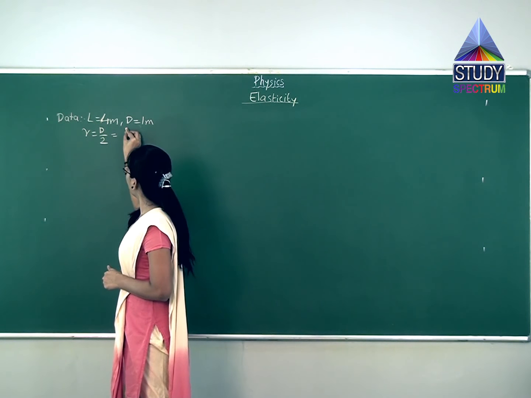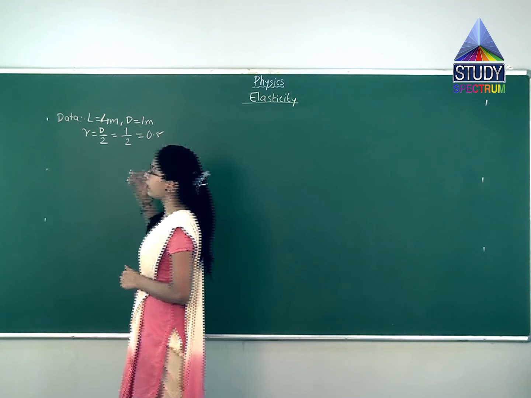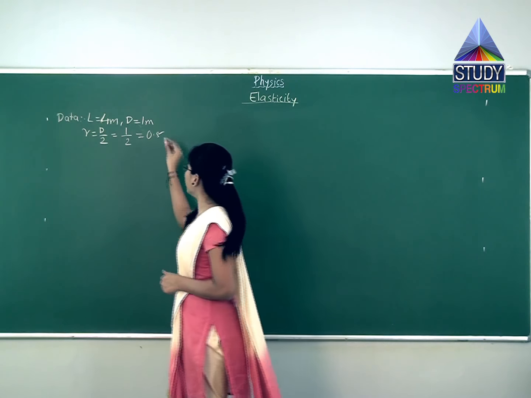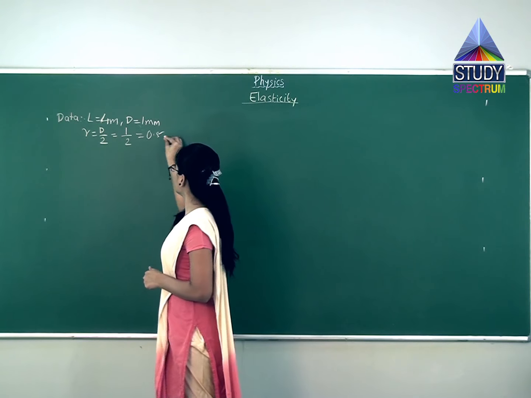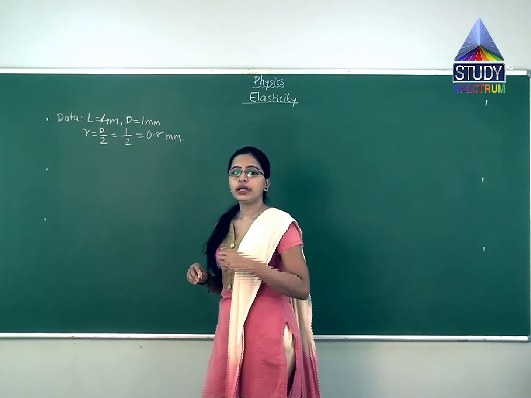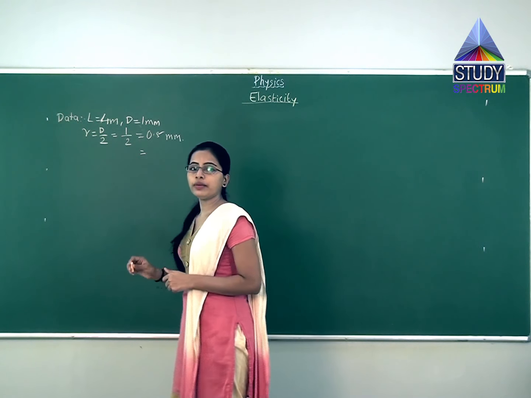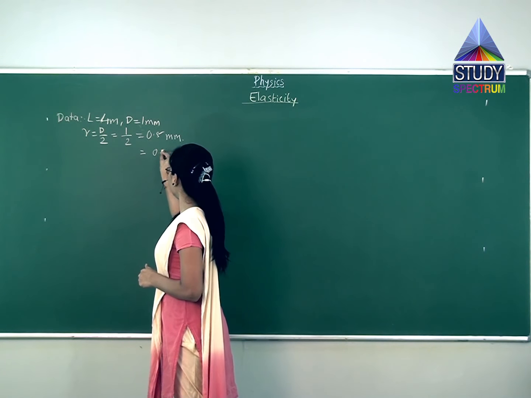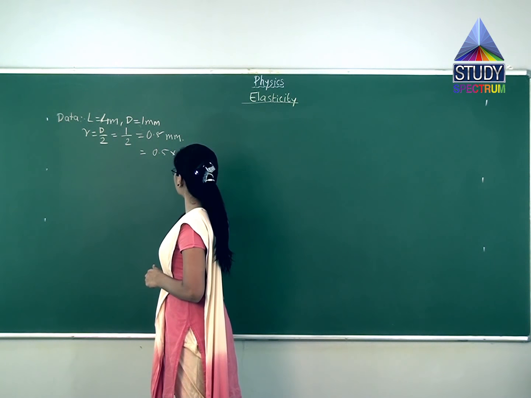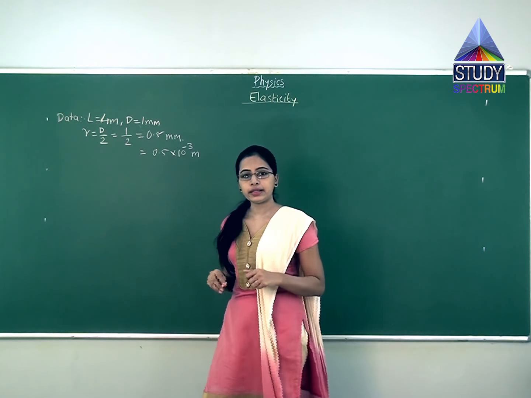So 1 upon 2 is 0.5, and this is in millimeter. Now we will convert this into meter, so this will become 0.5 into 10 raised to minus 3 meter. So we got the radius.